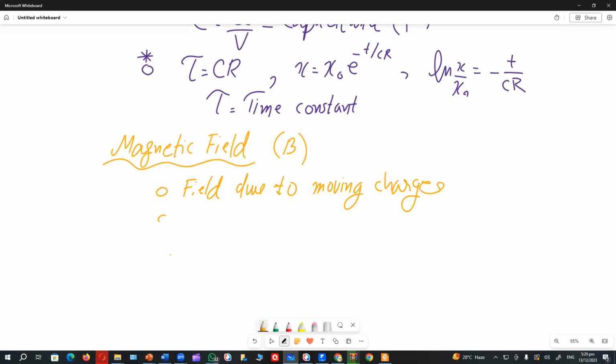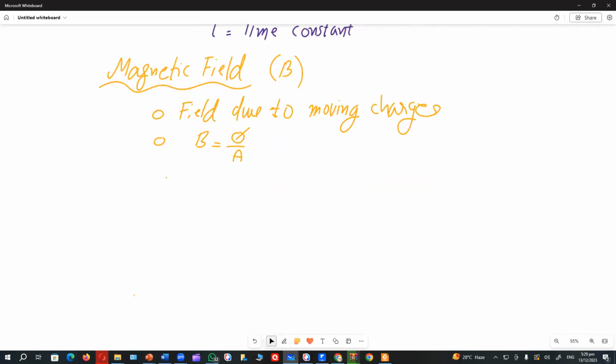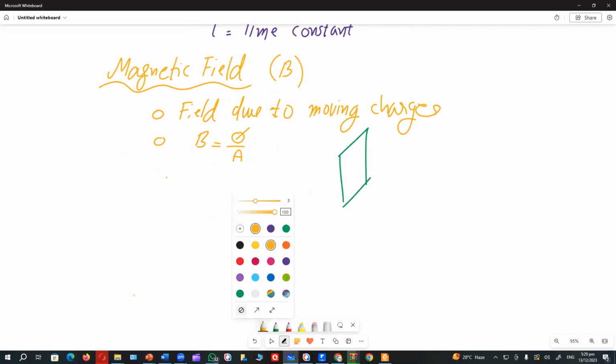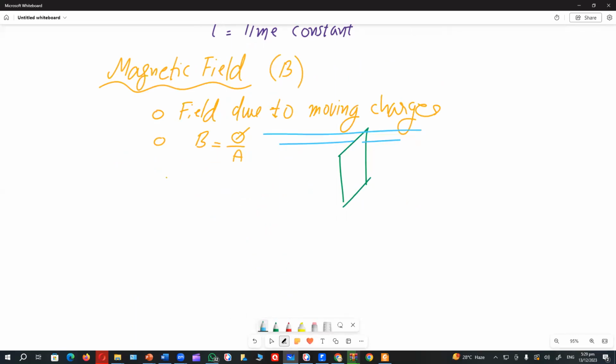Then the chapter puts the first formula for magnetic field: B is equal to phi upon A, phi upon area. What is phi? Phi is the flux linkage. When you draw a magnetic field, suppose you put a sheet here and suppose these are the field lines which are passing through this material.